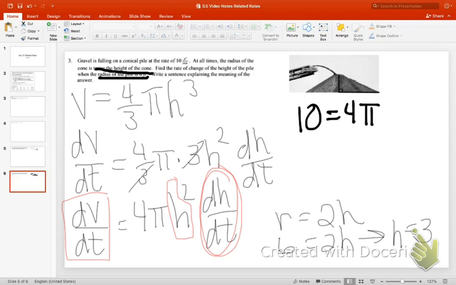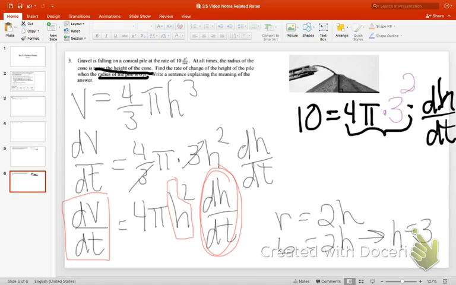So I can plug that into my problem for h, and remember that's h squared times dh/dt. All right, so we are trying to solve for dh/dt.